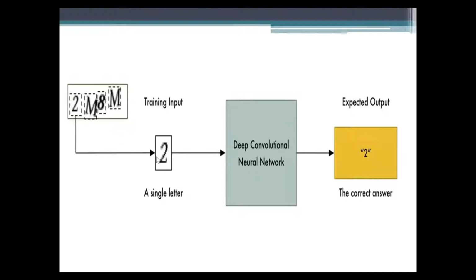Next, we go through segmentation. The segmentation process breaks our CAPTCHA into different characters and groups them into different folders, which is used for training on a single character. Next, the final step is the deep convolutional neural network, which trains our system and produces an expected output when another set of data is input into it.